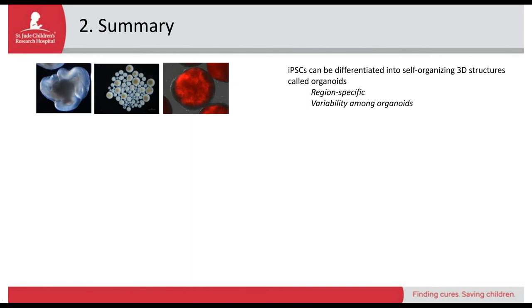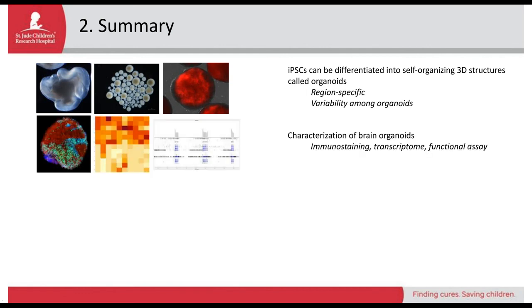Depending on the protocol that you design and develop, these can be region specific. However, variability amongst organoids is a problem, and using a reporter line and screening organoids for specific endpoints or specific phenotypic features is very useful to address this variability.